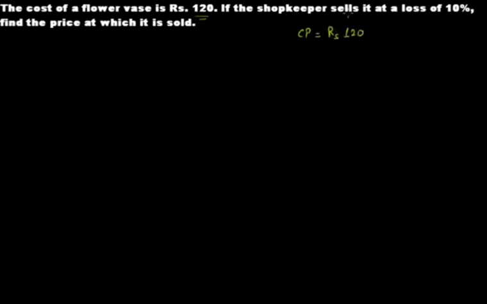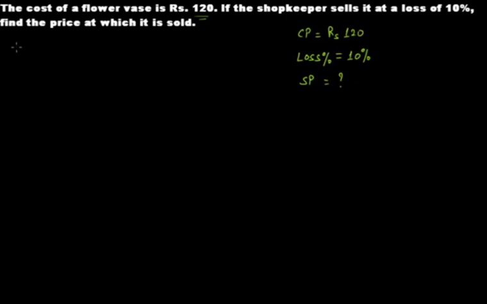If the shopkeeper sells it at a loss of 10%, we are given the loss percentage, and that is 10%. Find the price at which it is sold. We don't know the selling price, right? We can solve this using two different ways.